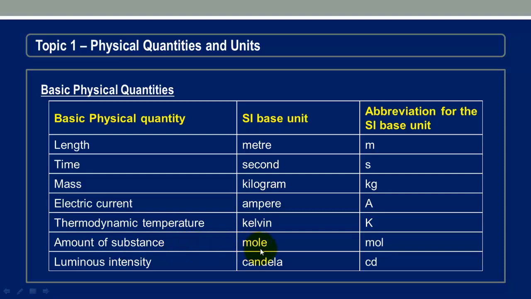Its SI base unit is mole, and the abbreviation is mol, without the E. The last basic physical quantity is luminous intensity, measured in candela, and the abbreviation for the SI base unit is cd. But in this syllabus, we won't deal with this seventh basic physical quantity. We will deal with the first six.